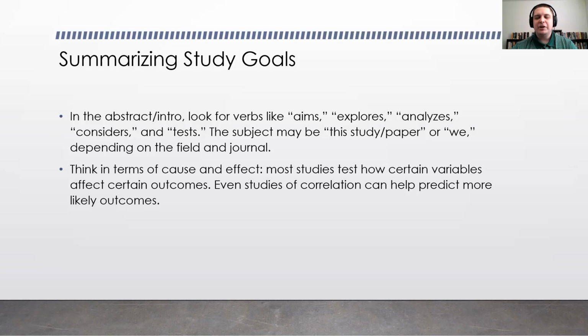In particular, and this is especially relevant if you're looking at scientific studies or studies in social science, as the humanities tend to work a little bit differently, think about cause and effect. Your typical scientific study is researching how one or more variables affect one or more outcomes.